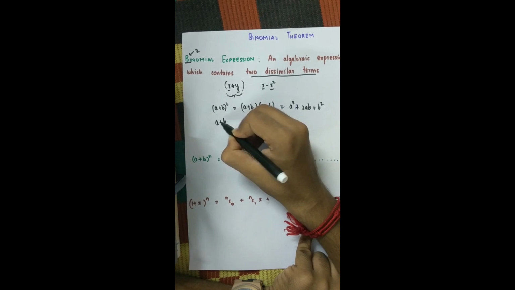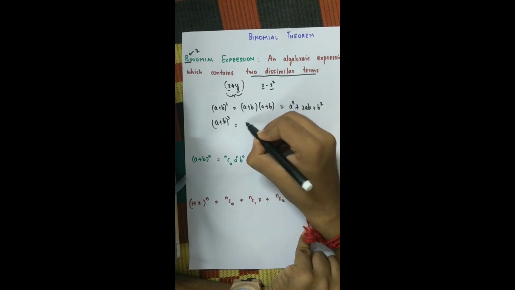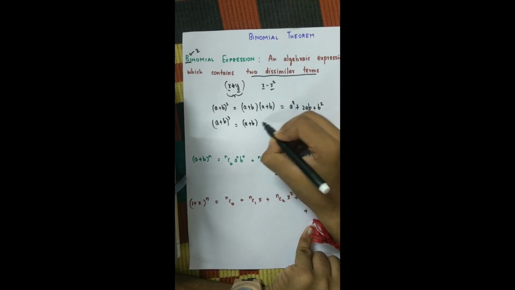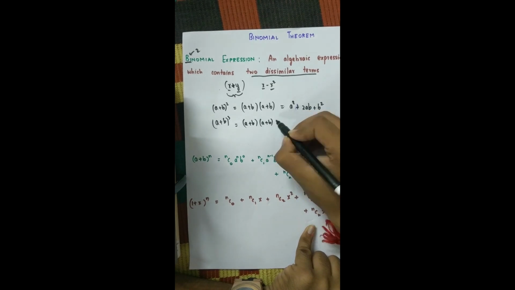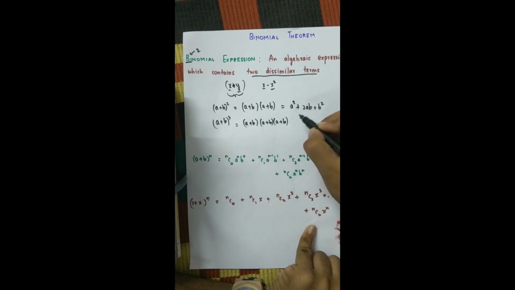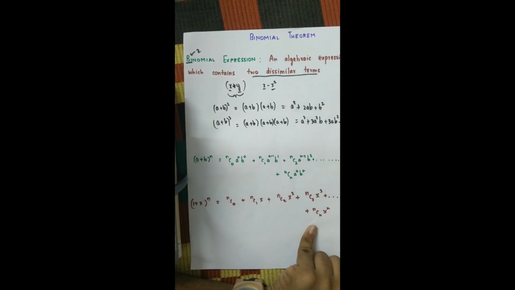Similarly, a plus b the whole cube can be found by multiplying a plus b thrice, and hence we get a cubed plus 3a squared b plus 3ab squared plus b cubed.